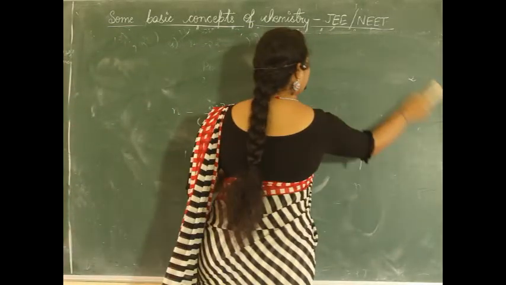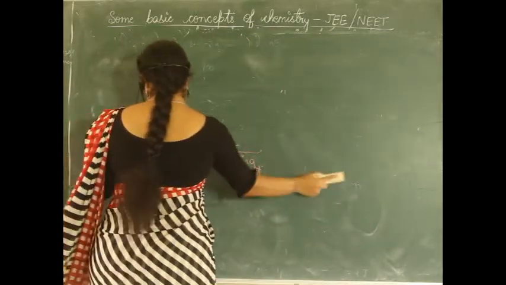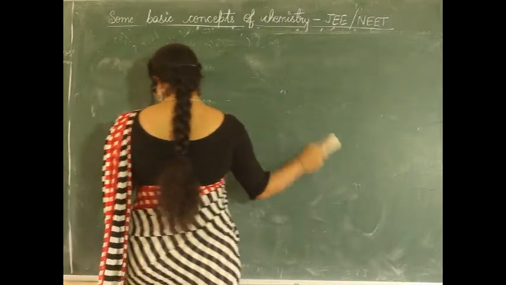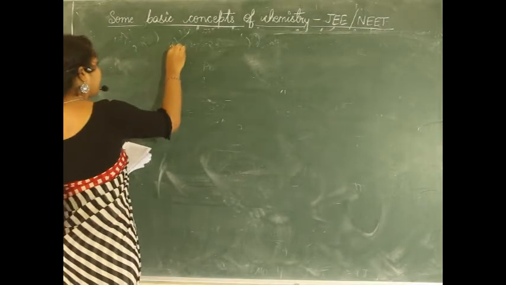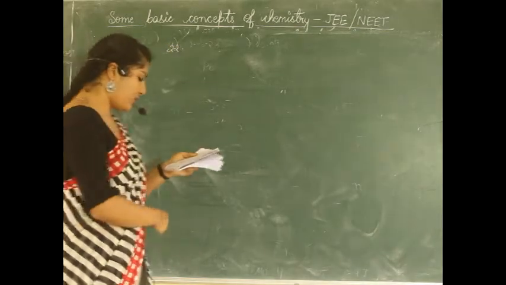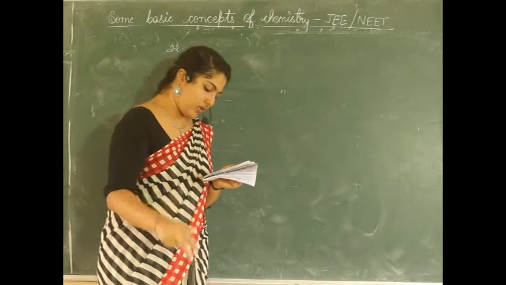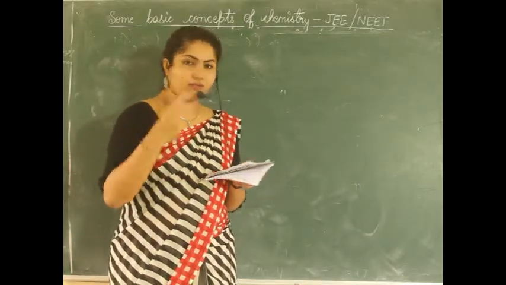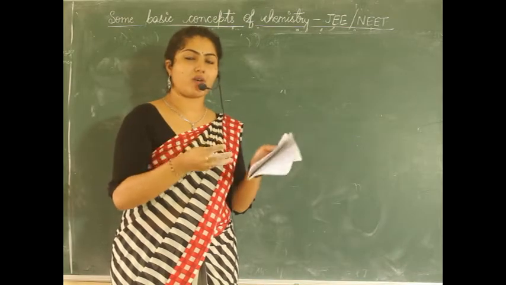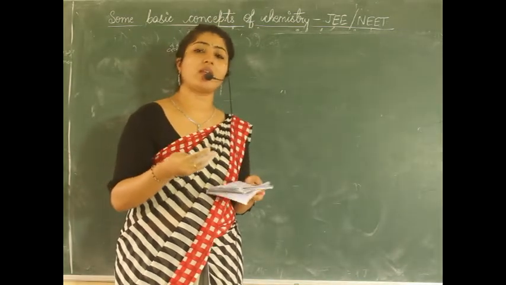In the next question it is asked, 10 gram of hydrogen and 64 gram of oxygen were filled in a steel vessel and exploded. So you can have a picture, hydrogen and oxygen being exploded means it's nothing but combustion.